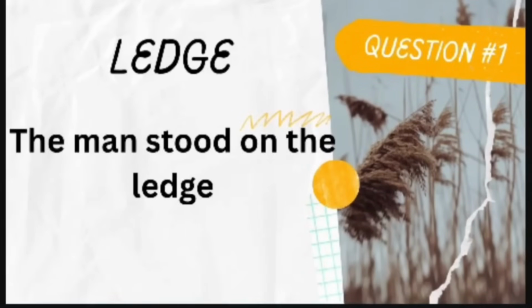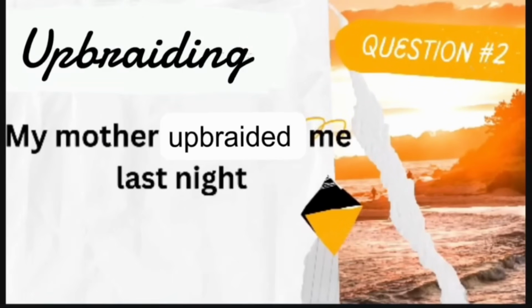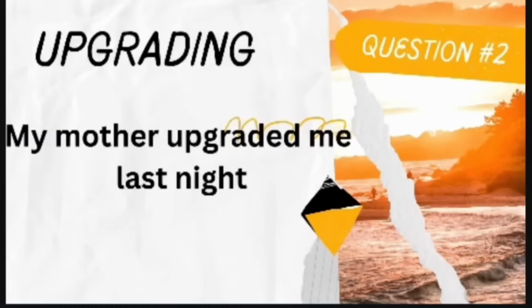Okay, children, have you finished? Okay, Neelima, get up. Can you share your sentence? A ledge. The man stood on the ledge. Very good, Neelima. Well done. Kiran, can you share your sentence using upbraiding? My mother upbraided me last night.